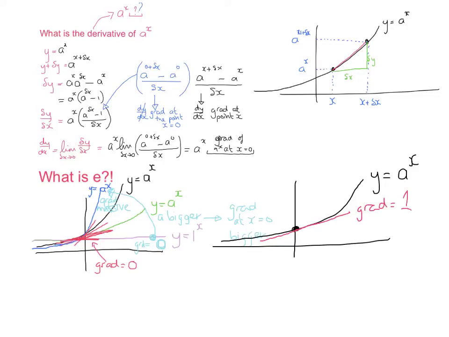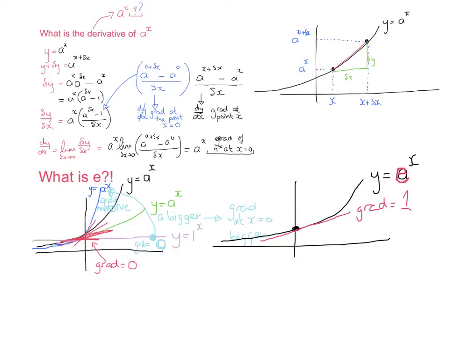That must exist, because somehow that gradient starts at 0 and gets bigger and bigger. So at some point, for some a, that gradient must be 1, and that value of a is so special that it is going to be called E. And that is what E actually is.